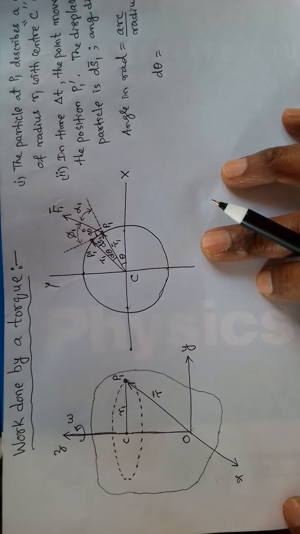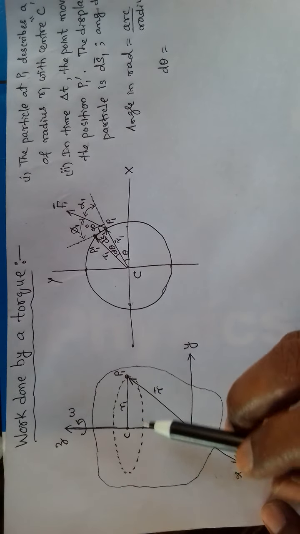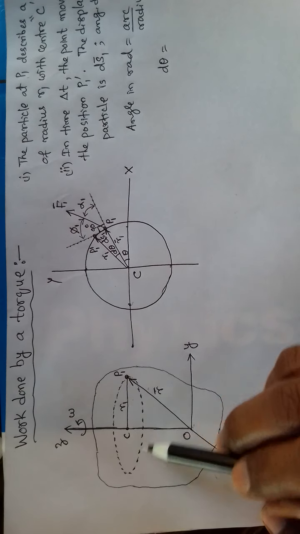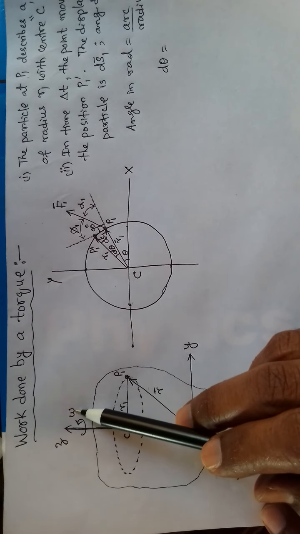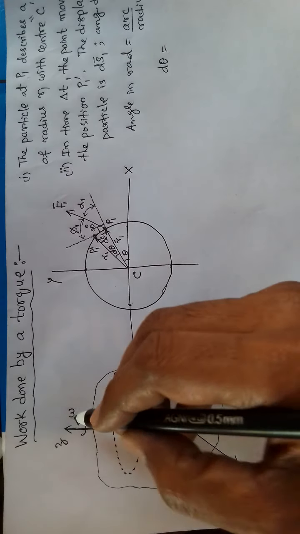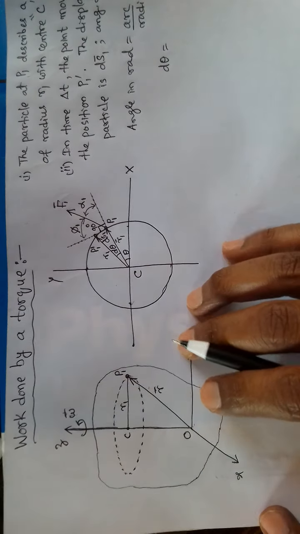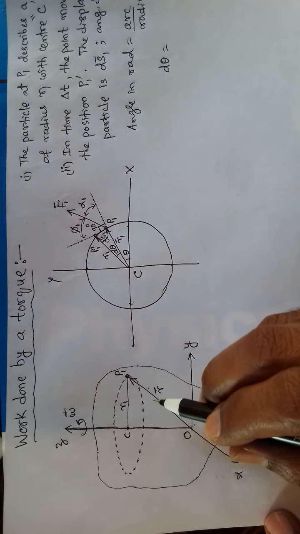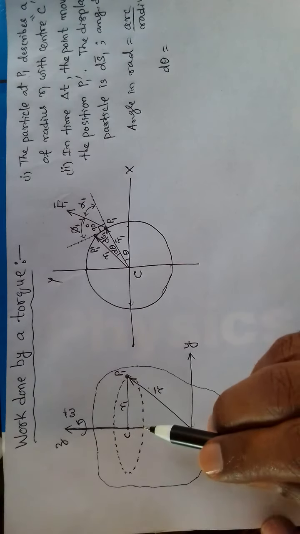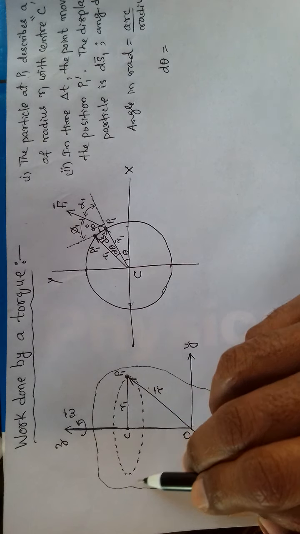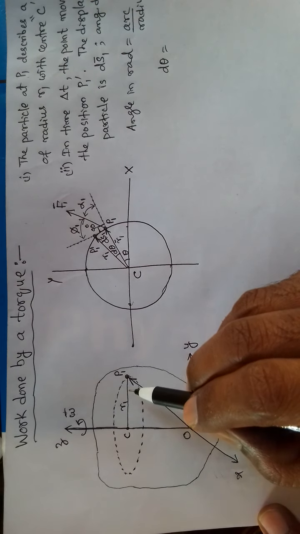Now let us find work done by a torque. See here, the rigid body is moving about a fixed axis with angular velocity omega. As the rigid body is moving about a fixed axis, a particle at P1 is describing a circle around the axis of rotation.